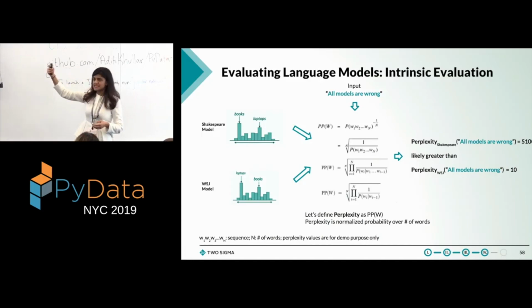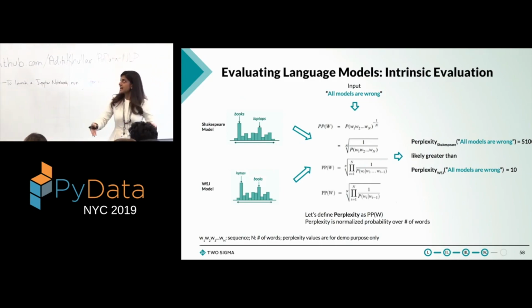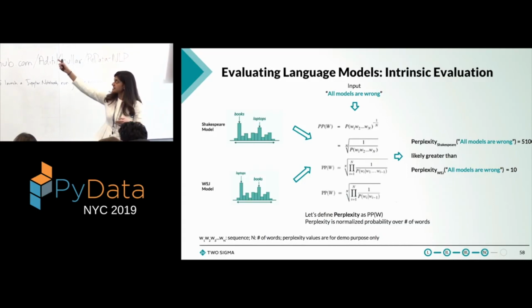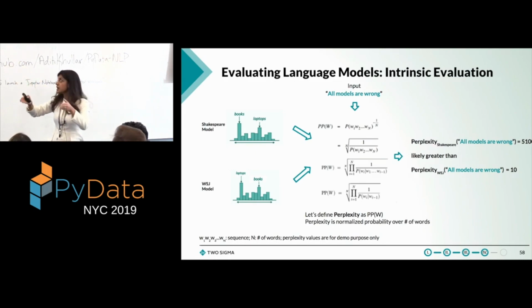As the name suggests, a higher perplexity is saying, oh, I'm quite perplexed looking at this sentence, and I'm not as likely to predict that this sentence is coming from the corpus that I was trained on. So perplexity of Shakespeare would be something around 5100. This is for demo purposes only. And perplexity of Wall Street Journal, maybe because it has seen the exact same sequence of words in its corpus before, would be smaller.